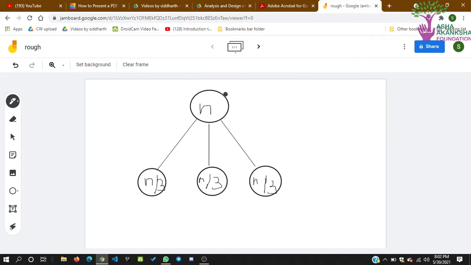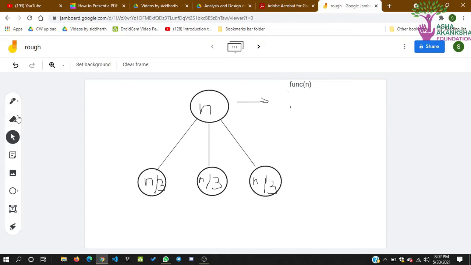Now suppose this is a function call. Suppose there was a function call func(n), and this n is the nth level, the first level, the 0th level of the tree in which this particular function call is made.